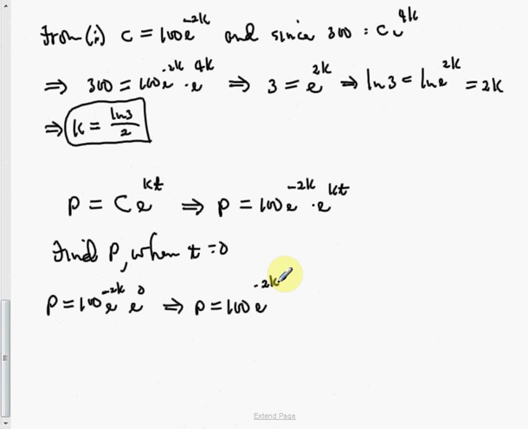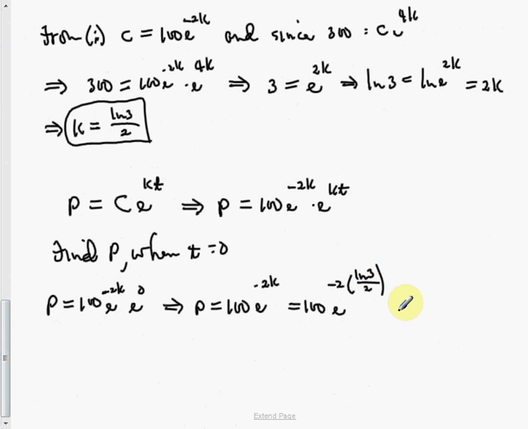But I know what k is. K is an actual number, right? So here I have 100 times e to the negative 2 times k, which is the natural log of 3 all over 2.